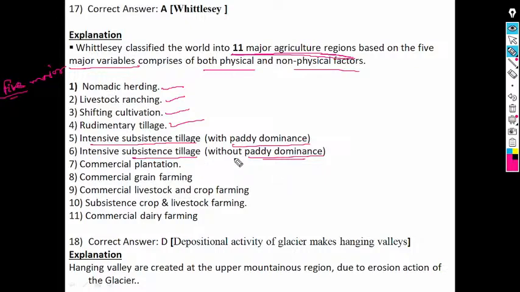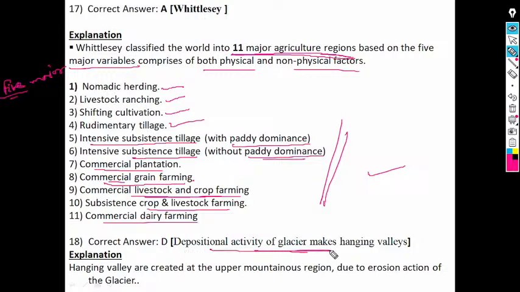Then commercial plantation, commercial grain farming, commercial livestock and crop farming, subsistence crop and livestock farming, and commercial dairy farming. These are the 11 agriculture zones given by Whittlesey.